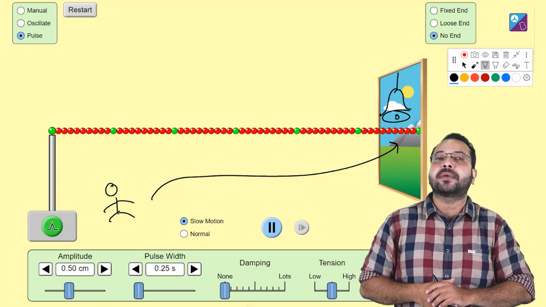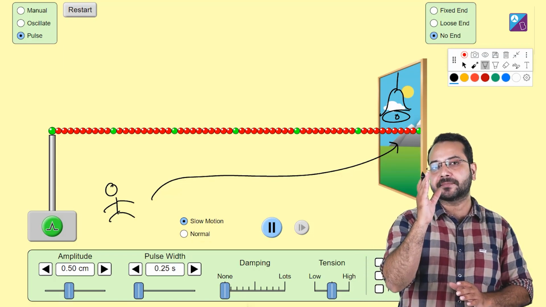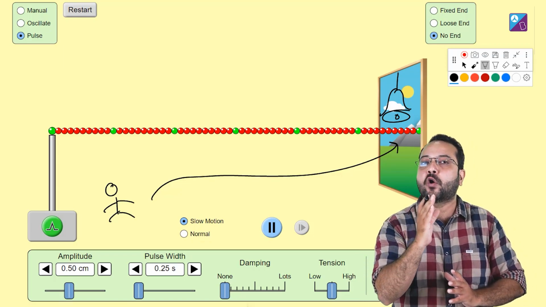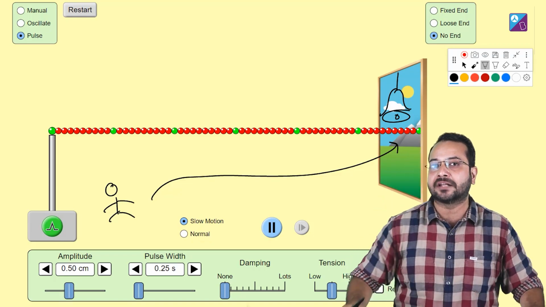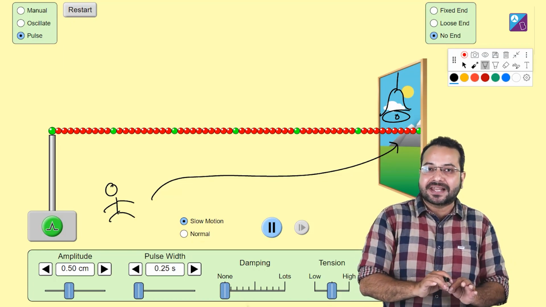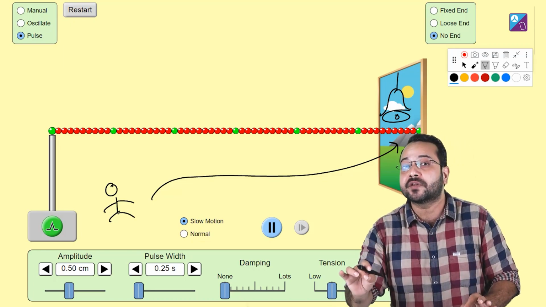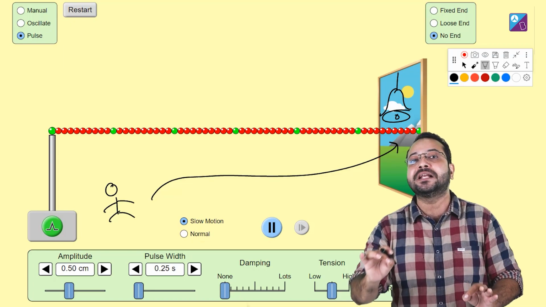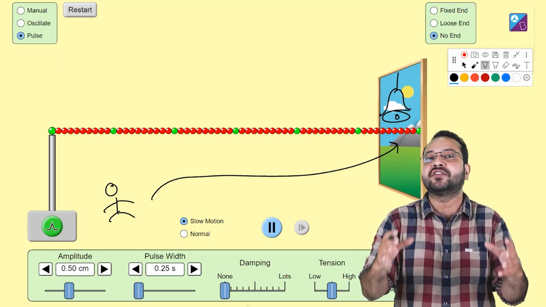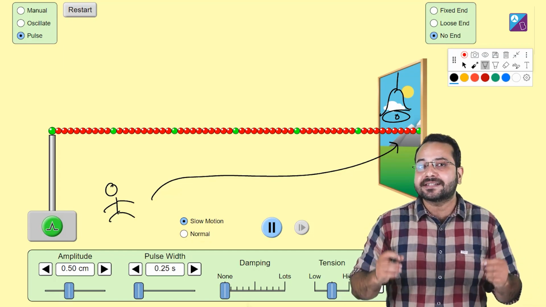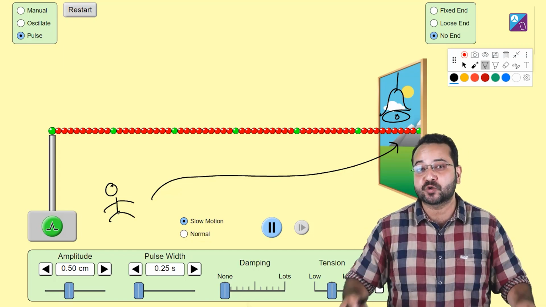Now notice that I'm carrying energy in my hand and I'm taking this energy all the way up to the bell along with me and then transferring the energy to the bell. So in this case, there is a bulk motion of the particles or the net displacement of the particles, being me, which are carrying the energy with them. So this kind of motion is called bulk motion.